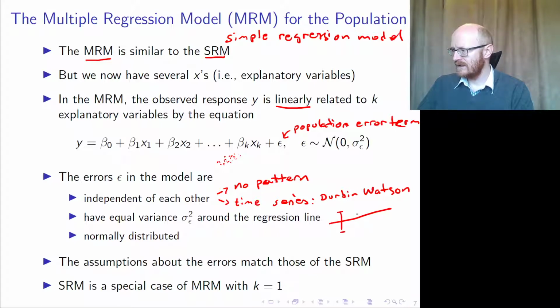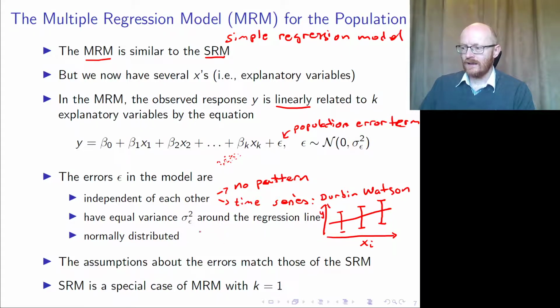And you assume that the errors have equal variance around the regression line, which means that the dispersion of the errors is quite similar no matter what xi you look at. And the errors should be normally distributed, right?